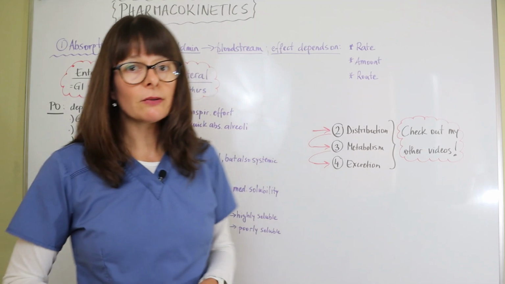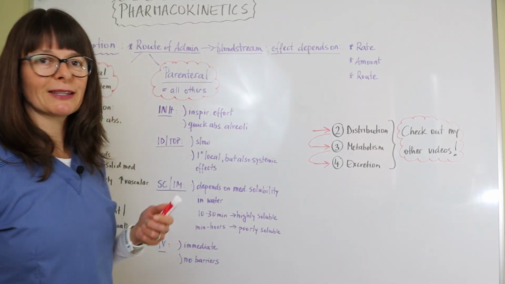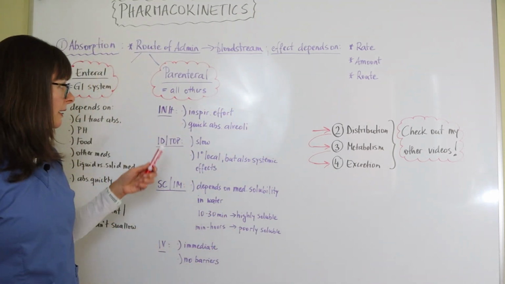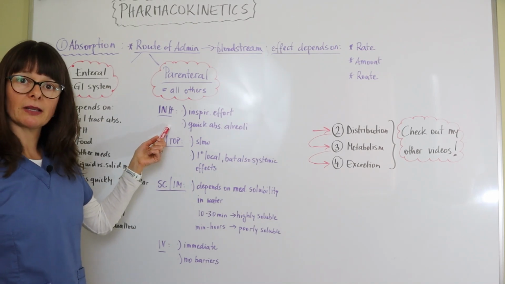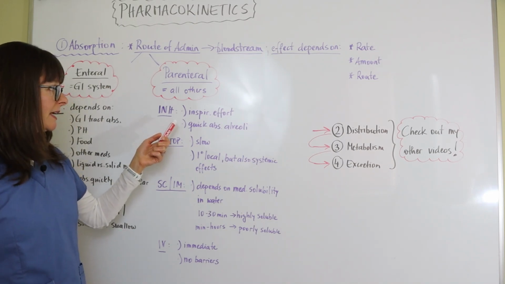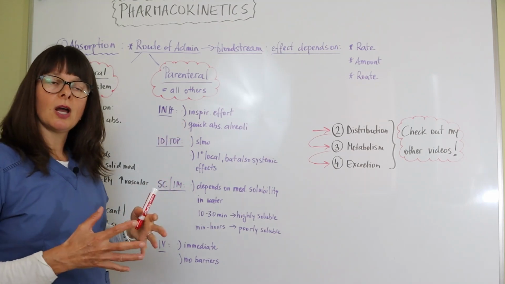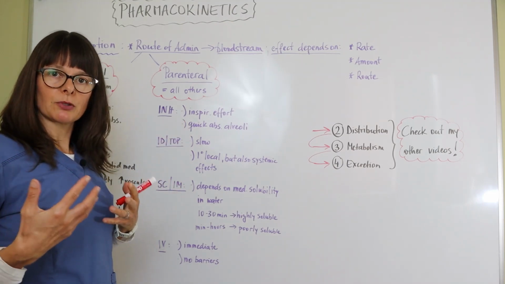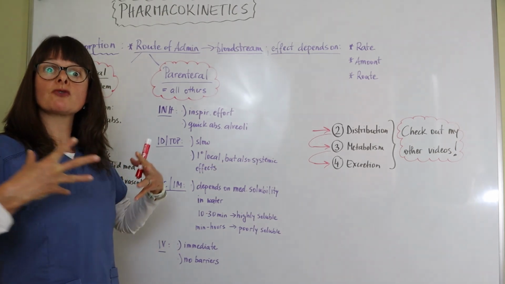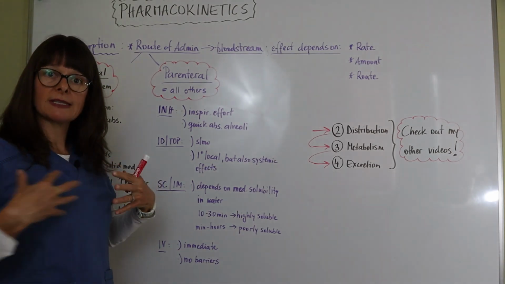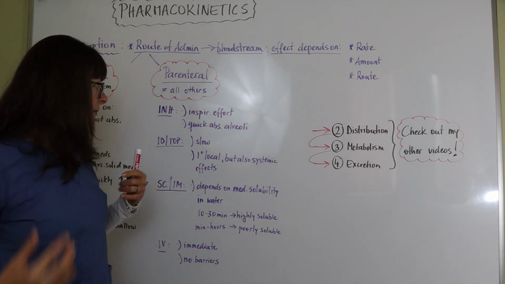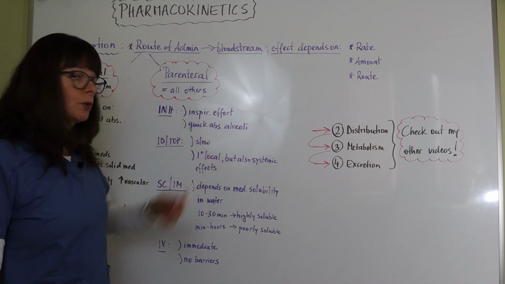And then the other route, so parenteral, everything but the GI system. We can give medications by the route of inhalation. It depends, however, on the patient's inspiratory effort. How deep of a breath are they able to take, and how much of the drug are they able to take in through their lungs, but it's quickly absorbed through the alveoli.